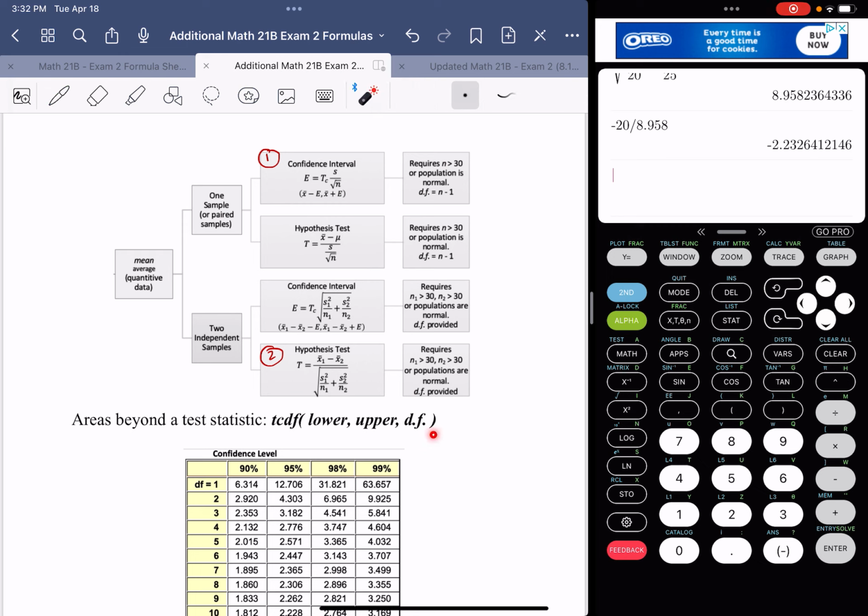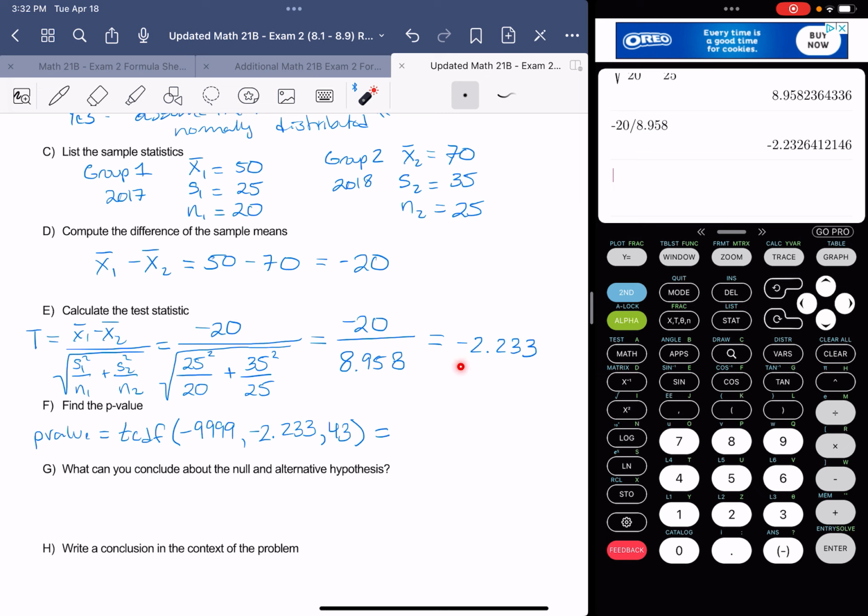Anytime the test statistic is negative, such as in this example, you can be more than fairly certain, not 100% guaranteed, but more than likely, that it's a left-tailed test, correct? If our test statistic was positive, more than likely it's a right-tailed test. Okay, good.